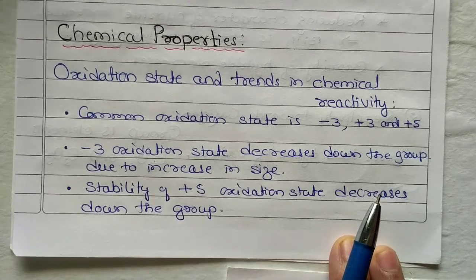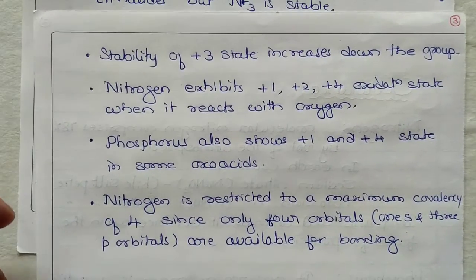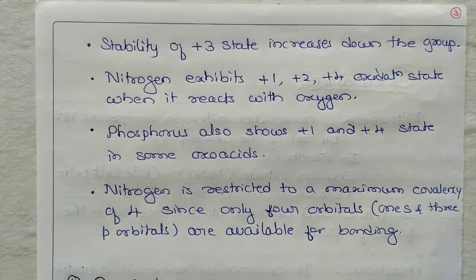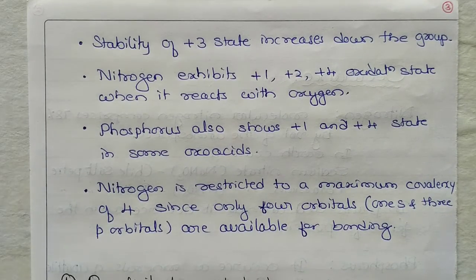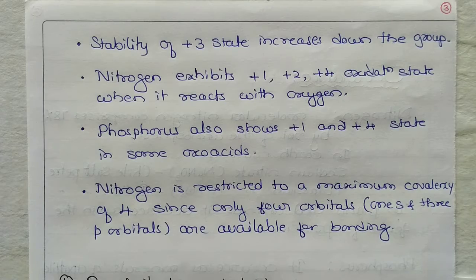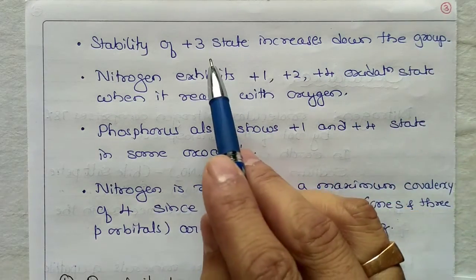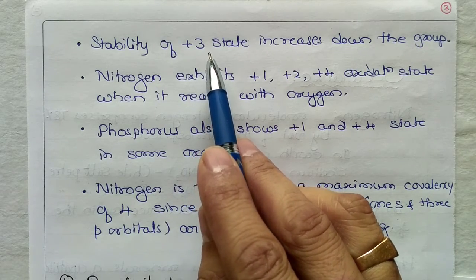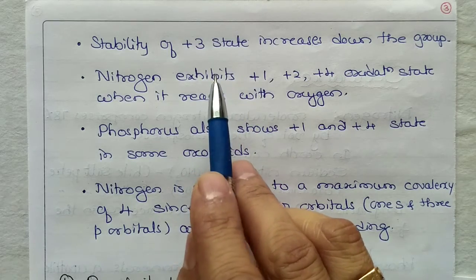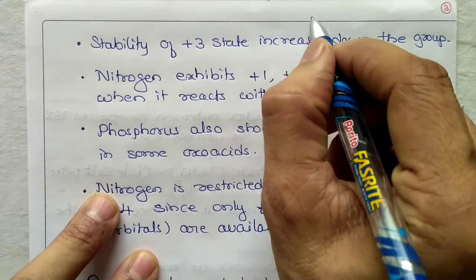The stability of the +3 state increases down the group from nitrogen to bismuth, means bismuth in the +3 oxidation state is more stable.